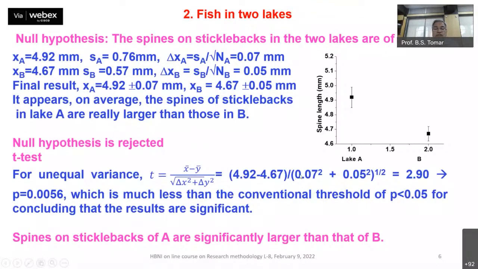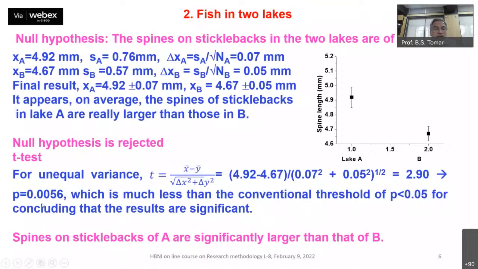But if you want to statistically confirm this, you do a t-test. And here for unequal variance, you can again use this t value. So 4.92 minus 4.67 upon the square root of the sum of the squares of the errors, so 4.90. And you read from the t table, the p value is 0.0056, which is much less than the conventional threshold of p equal to 0.05 for 95% confidence.